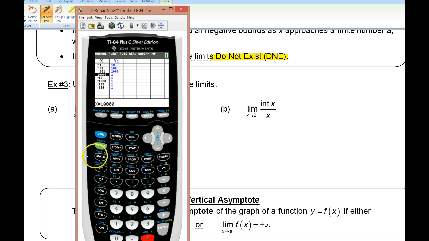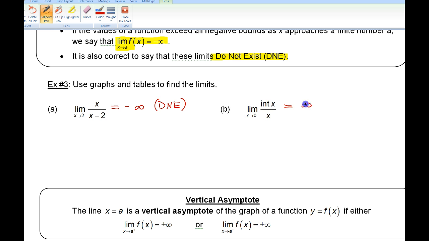What's happening to my values? They're getting larger and larger. Do you think it's going to stop? 1E6 means 1 times 10 to the 6th power. Okay, so this is infinity.